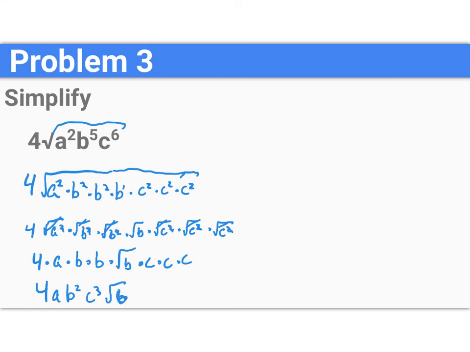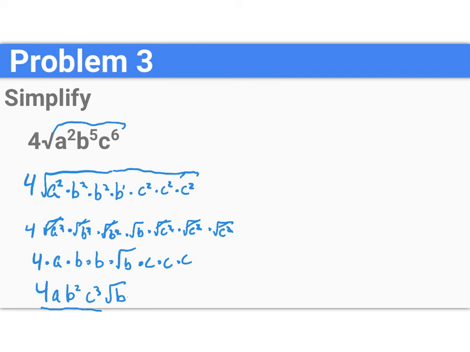So anything that's not under, let me write this better. This is supposed to be a b and it looks like a 6. So let's write this a little better. Okay, that is b.